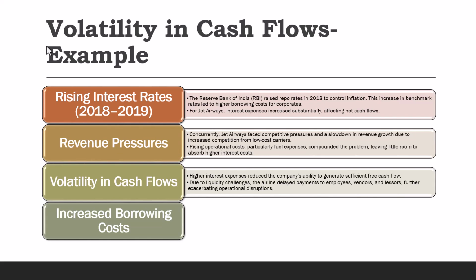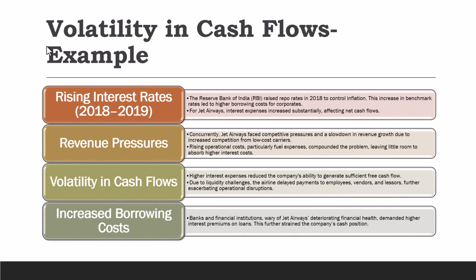Higher interest rates reduced the company's ability to generate sufficient free cash flows. Due to the liquidity challenges, the airline delayed payments to the employees, vendors, and lessors. This led to operational disruptions. The banks and financial institutions, wary of Jet Airways' deteriorating financial health, demanded higher interest premiums on loans.